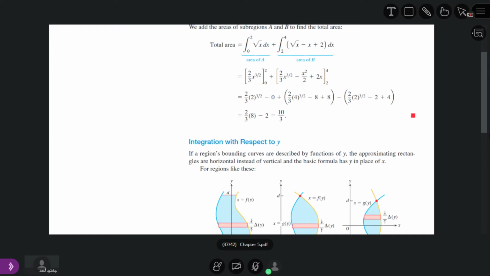So here, how can we solve this? We write y square minus 2y plus y minus 2 is equal to 0.